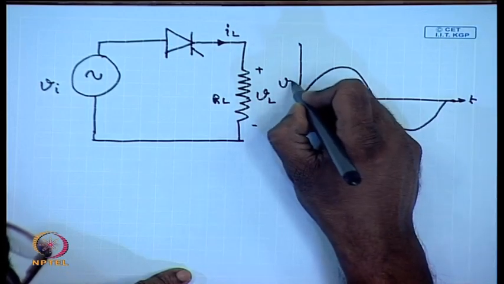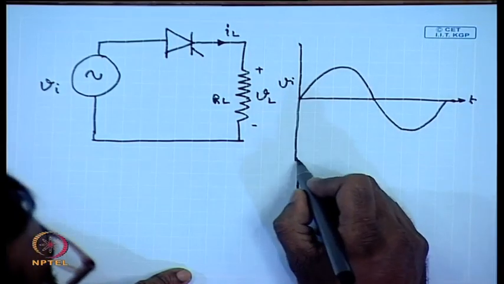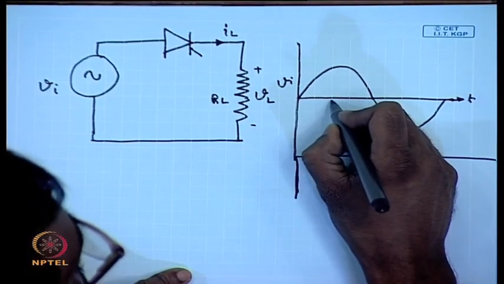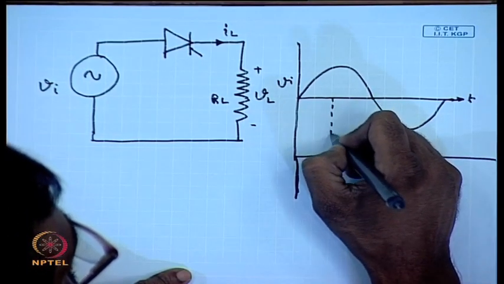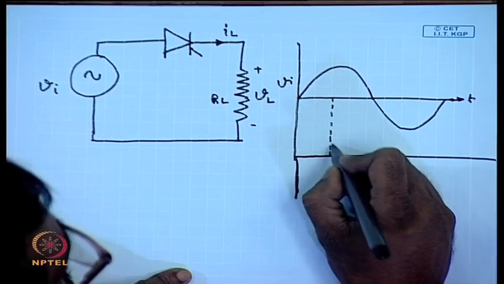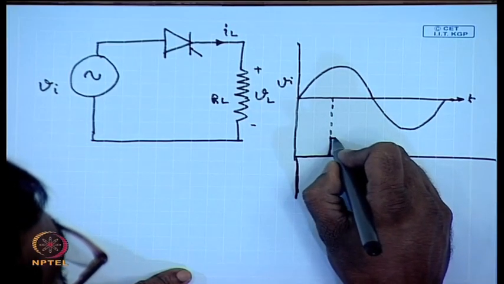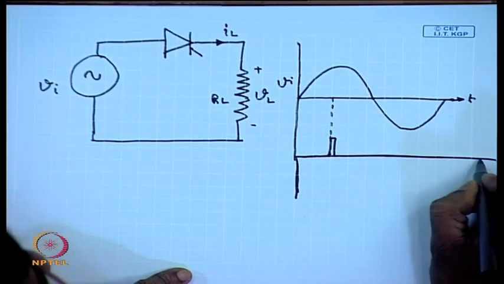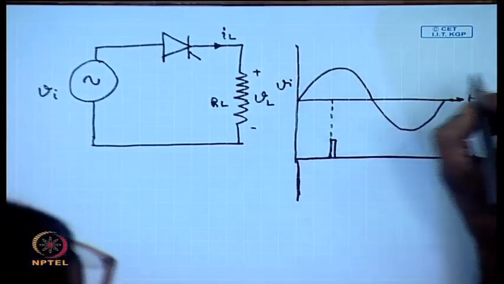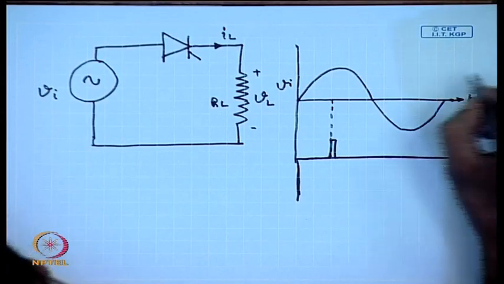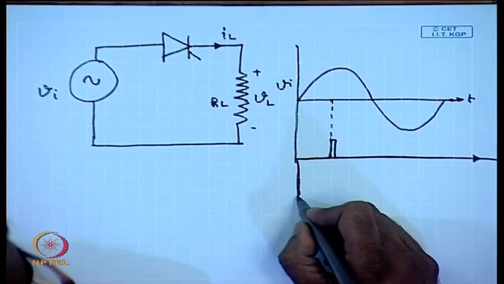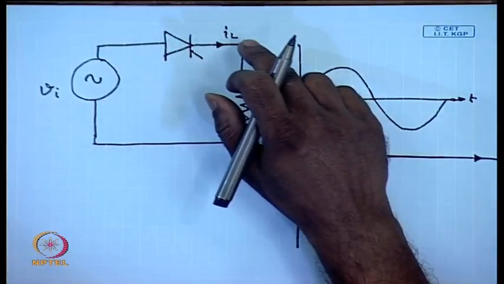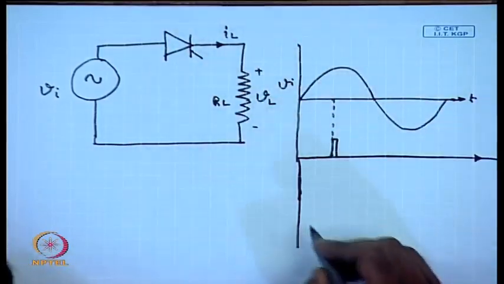This is V I, and let us say a gate current is applied at this instant. It is to be understood that it is not necessary to continuously apply the gate current. Once the device has turned on, the gate pulse can be removed and the device will remain on. It can be only turned off when the current through it becomes 0.